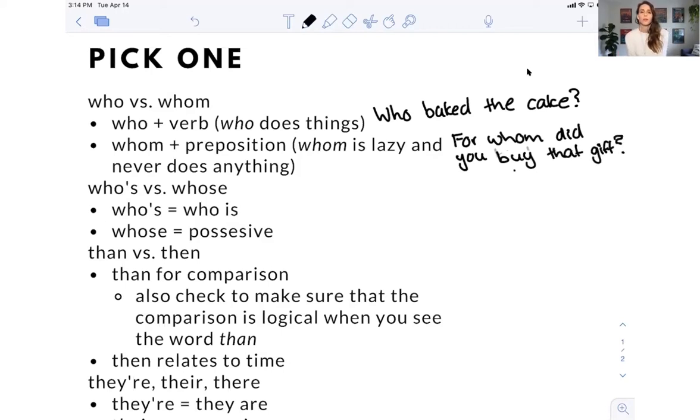You are the one doing the action in the sentence. You bought a gift. Whom is preceded by this preposition right here. So we know we want whom. Whom is lazy in that sentence. It's just going to be receiving a gift later on, but it's not doing any kind of action in this sentence.